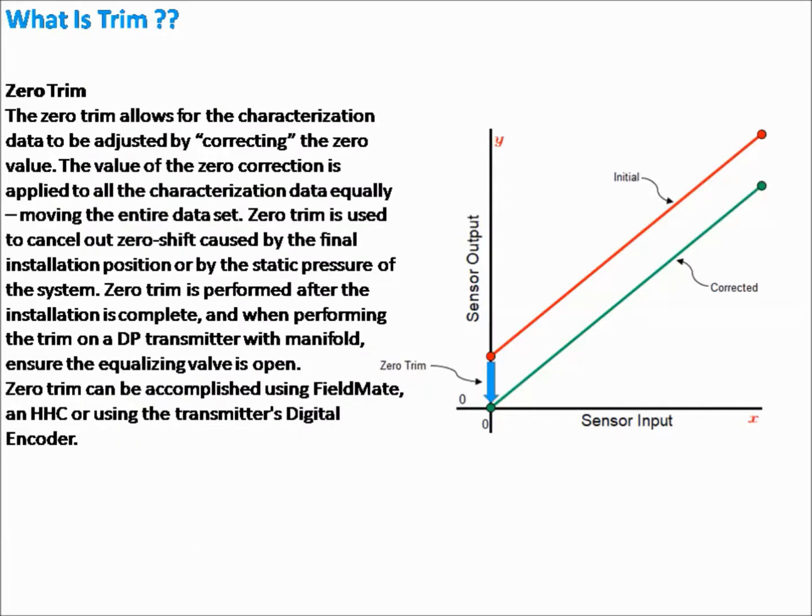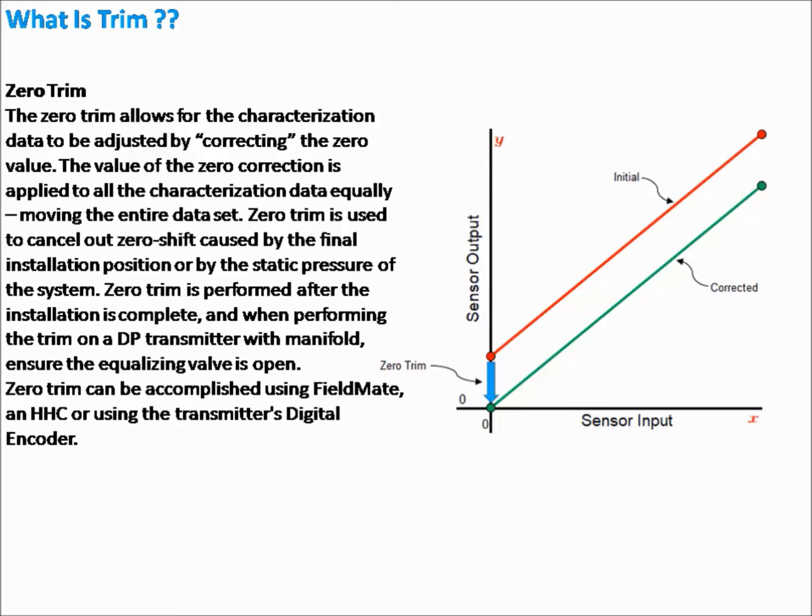So now we will discuss one important parameter, that is zero trim. It is very much important. Suppose there is a difference between your actual and measured value, zero trim is required in that case.